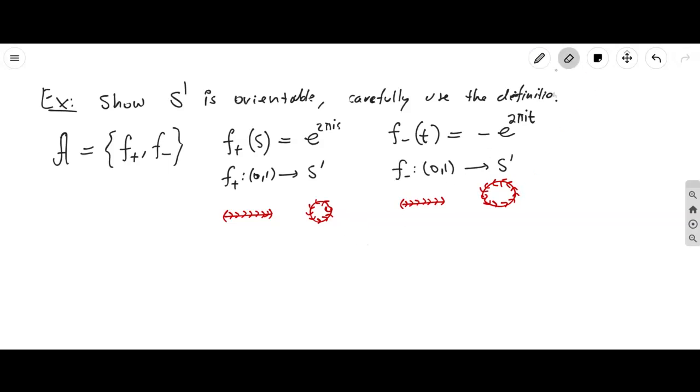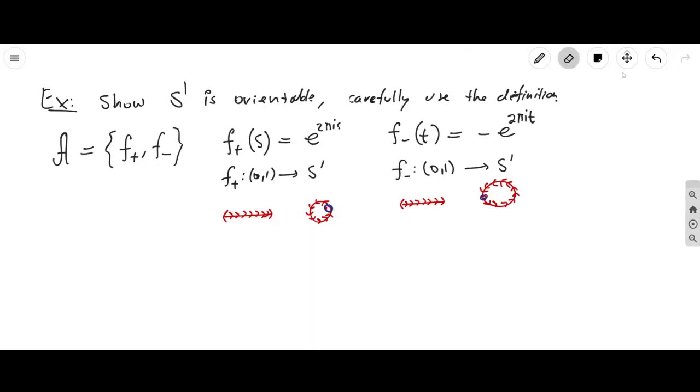So this is the missing point. Individually, both of these charts do not cover the whole circle. That's why you need both of them. These are homeomorphisms onto an open subset of the circle. But if you look at how they overlap, notice they keep following the same direction when they overlap. So because of that, we would say this is an oriented atlas.